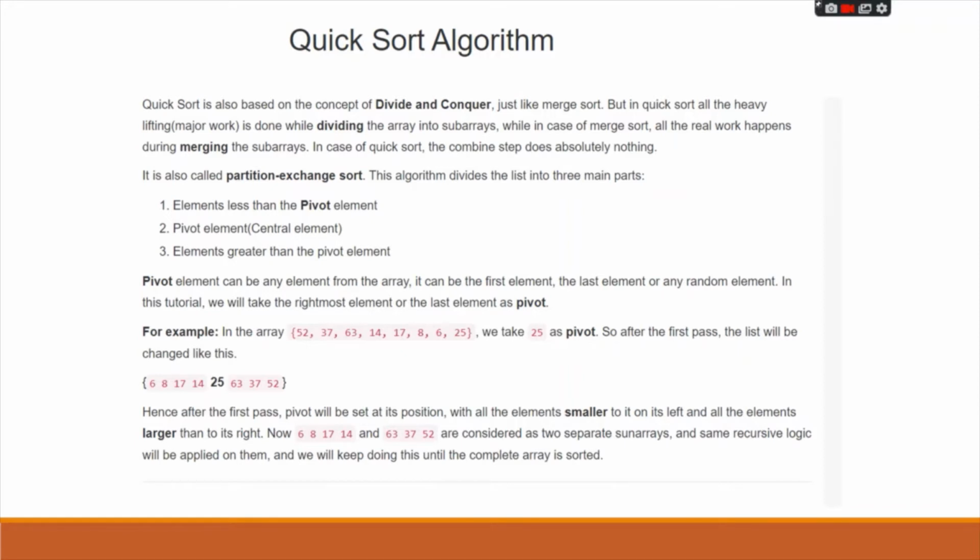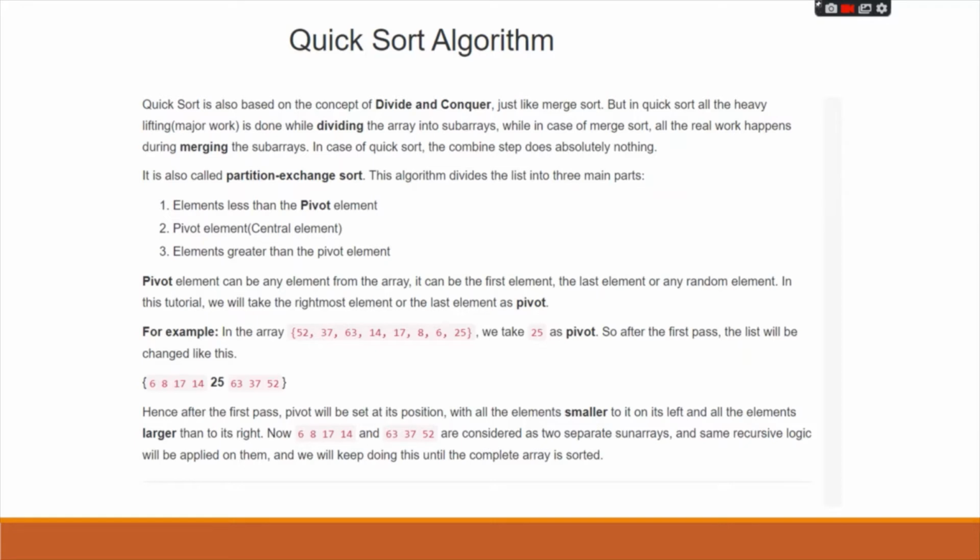Here you can see in the array the last element is 25, hence 25 is the pivot element. After the first pass, the array will look like this: 6, 8, 17, 14, 25, 63, 37 and 52.